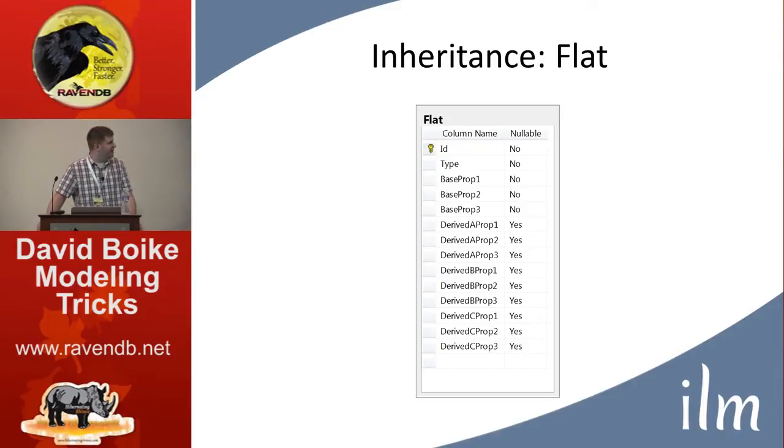And then everything else you have for every other possible derived class has to be a property that is nullable because it might not exist based on the class you're trying to instantiate. This is crappy because you lose a lot of SQL's ability to tell you that your data is good based on its checks of nullable and stuff like that. Plus, it's just a mess to try to look through.